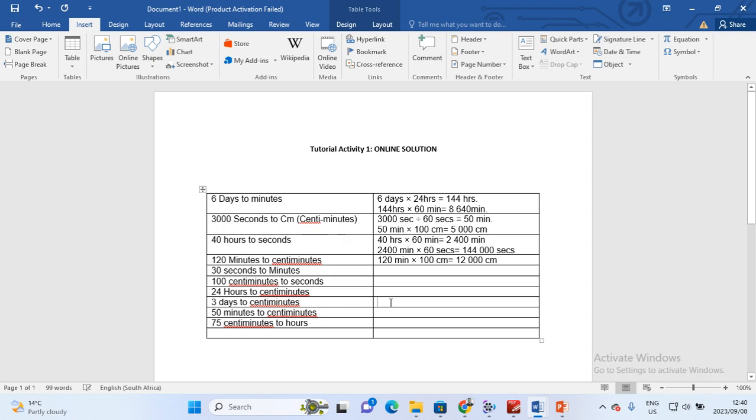Then we're gonna go right here where it says 3 days to centiminutes. The first step, you need to convert days into hours. 3 days, which you are gonna multiply by 24 hours, which should give you 72 hours.